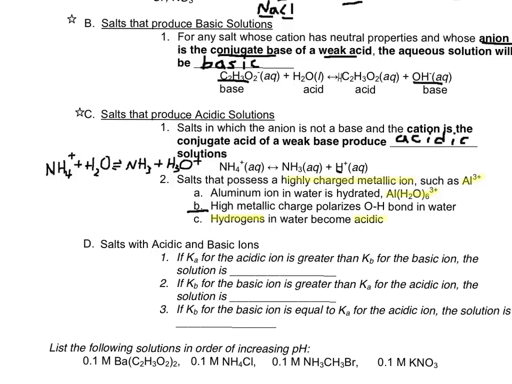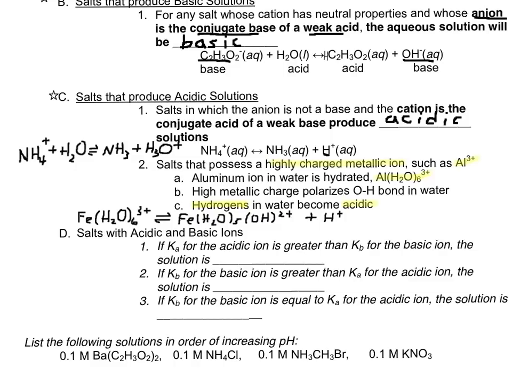This looks something like this. So in the complex ion that is formed whenever the metallic ion attaches to the water, one of the hydrogens will just drop right off of it, and we'll get an acidic solution as a result.